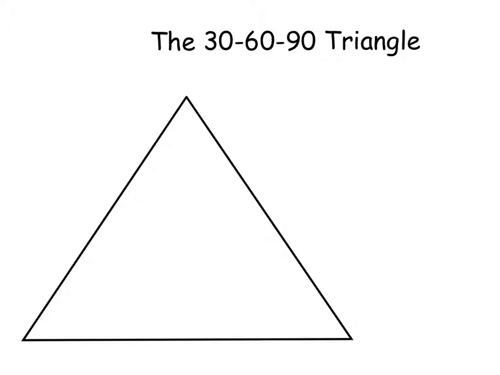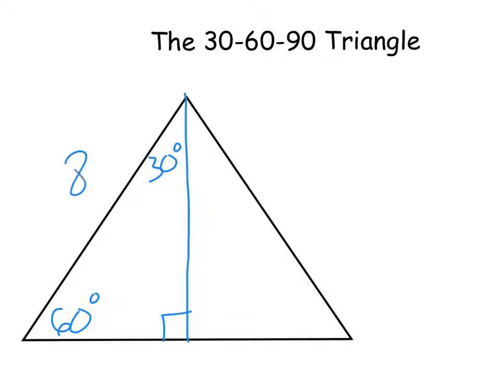This is how we constructed a 30, 60, 90 triangle. But now, before we said the side lengths were 1, let's say that's going to be 60, that's going to be 30. Okay, let's say they're 8. That would be 8, and then this part right here would just be 4.